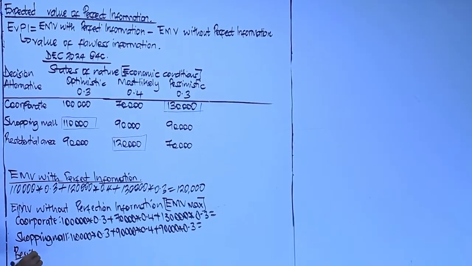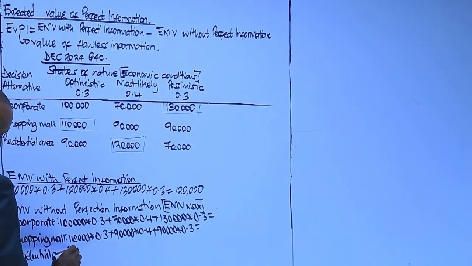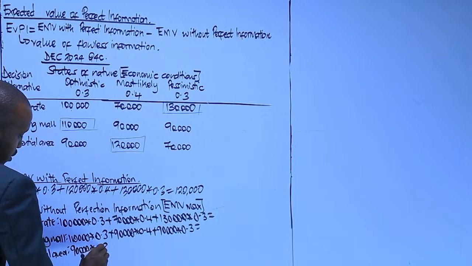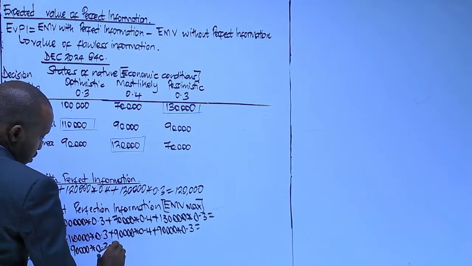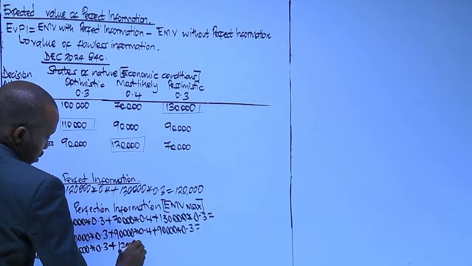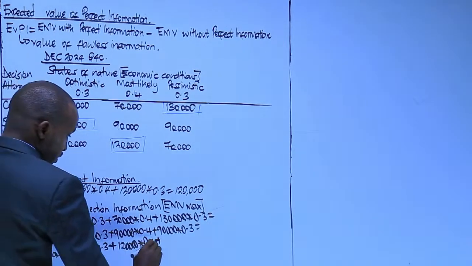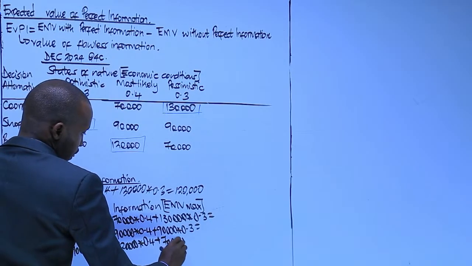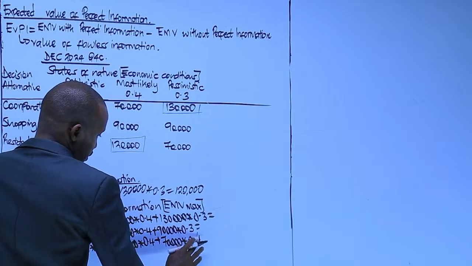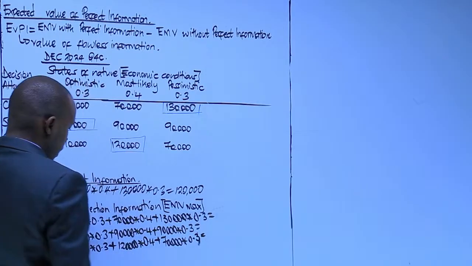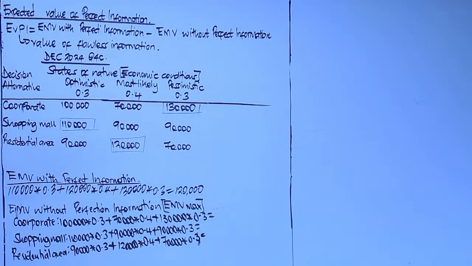Residential area: 90,000 by 0.3 plus 120,000 by 0.4 plus 70,000 by 0.3. In thousands: 100 times 0.3 plus 70 times 0.4 plus 130 times 0.3.